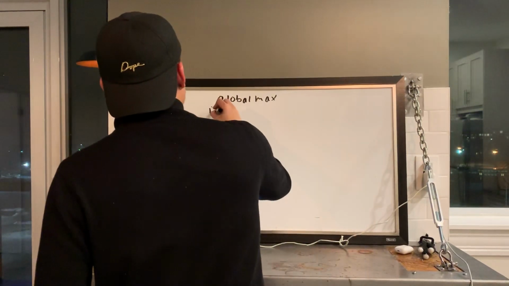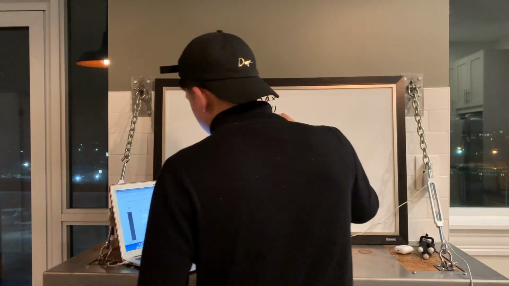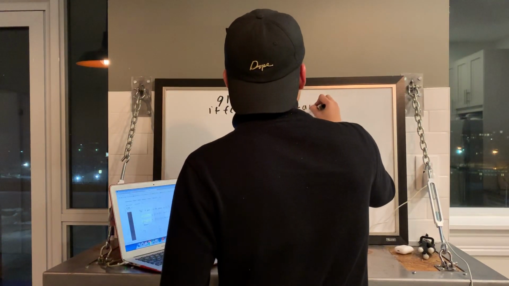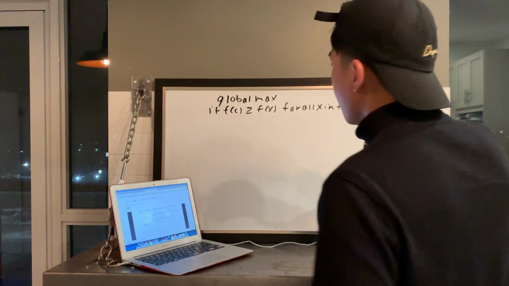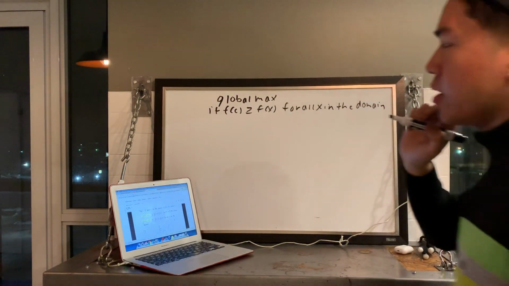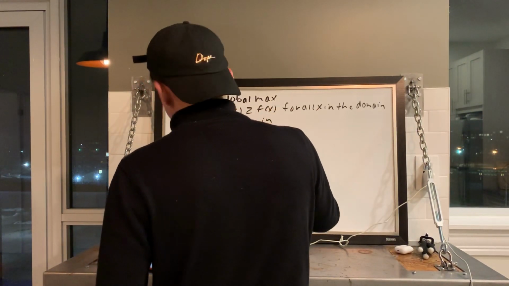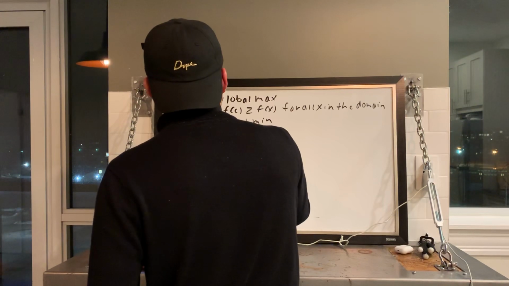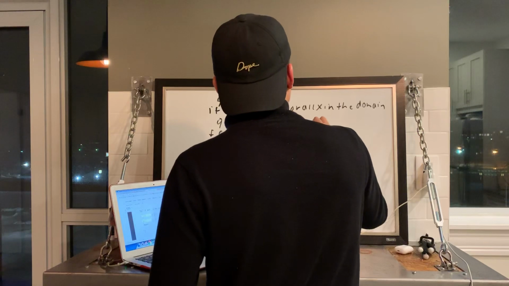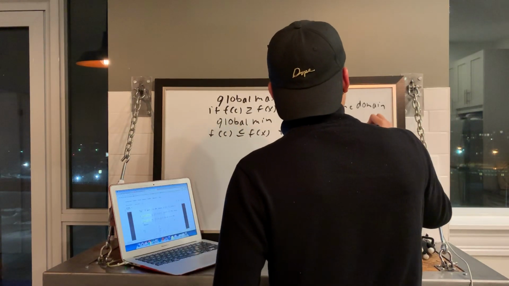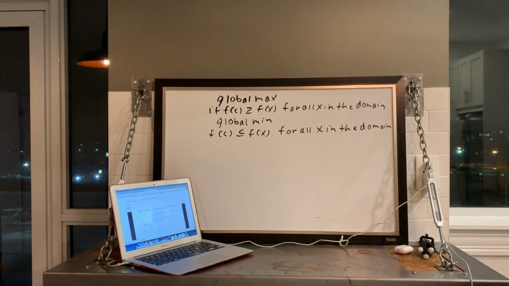If f of c is greater than or equal to f of x for all x in the domain, that's what a global max is. And then you go to global min, which is f of c is less than or equal to f of x for all x in the domain. That's a global min, and that's a global max.